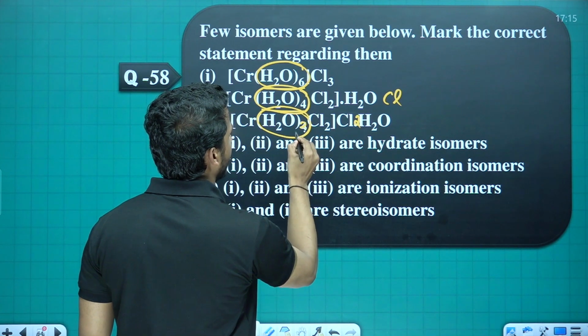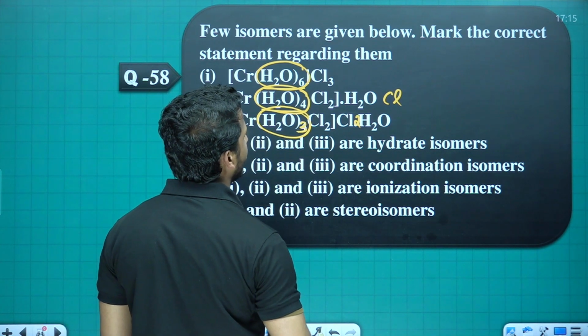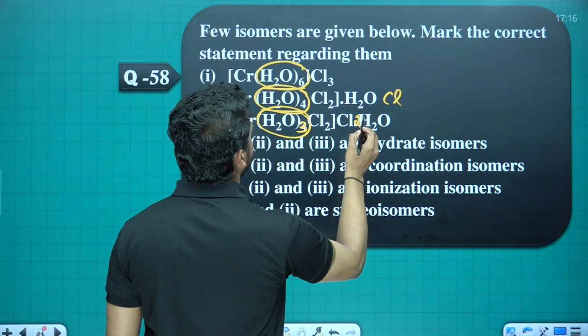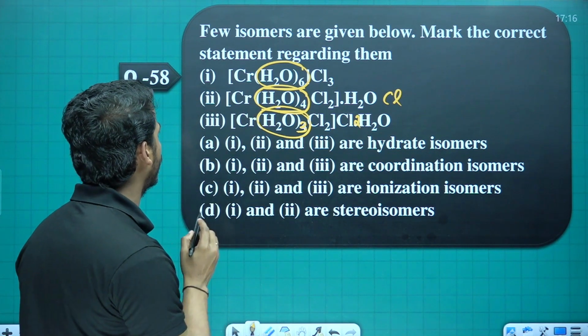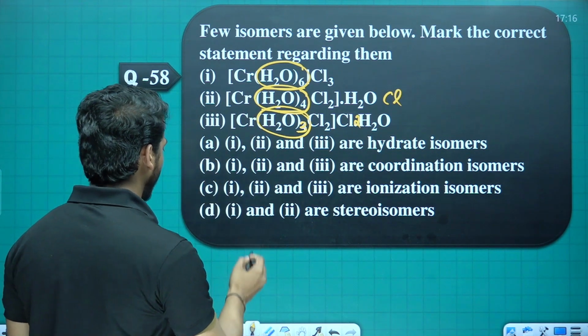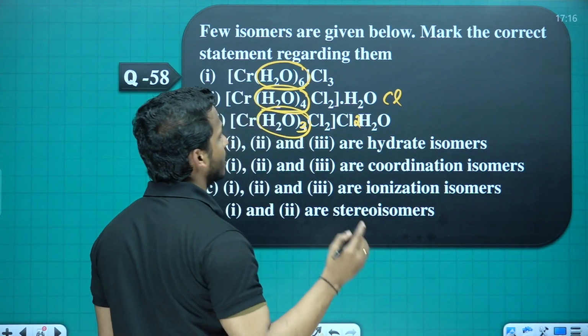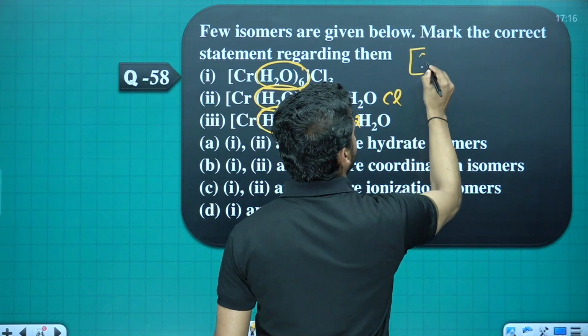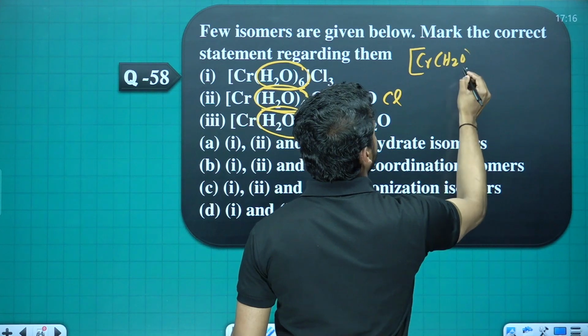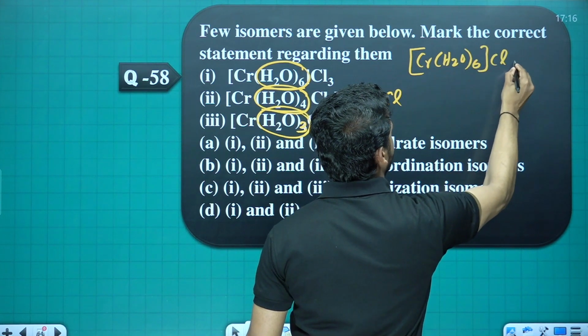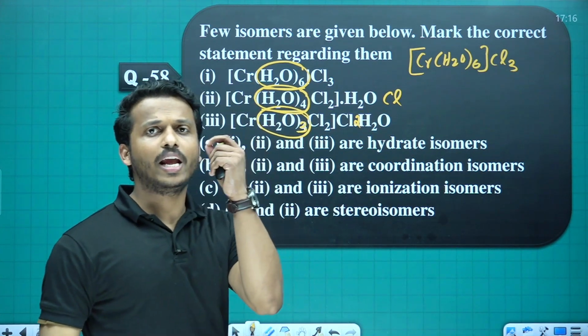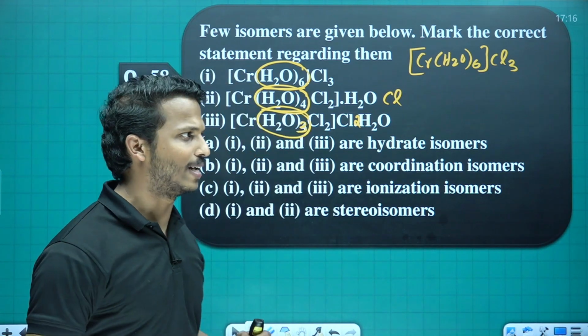I'm just marking a correction here. Let me arrange these complexes once again, my dear. There is a small mistake, I think. The complexes are: Cr(H2O)6 Cl3, one complex. Here how many H2O as ligand? 6 H2O as ligand.